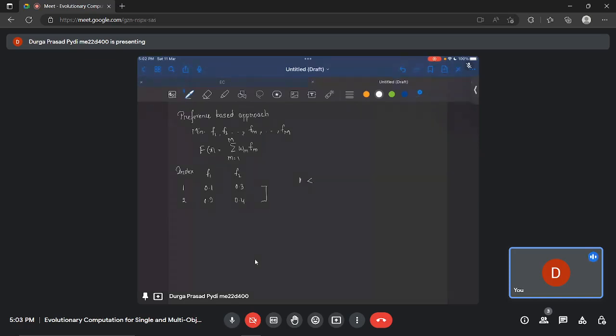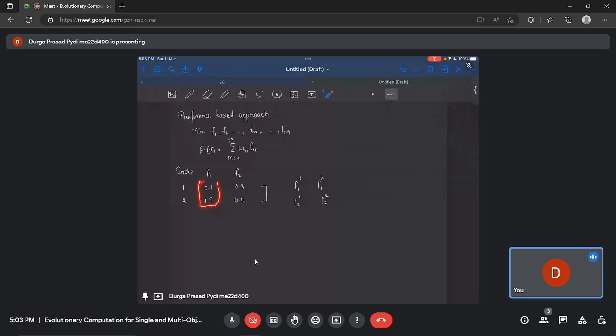Similarly, you compare f2 for solution 1 and f2 for solution 2. In the first case, clearly f1 for solution 1 is less than for solution 2. And even in the second case, f2 for 1 is less than for 2. So clearly, if your problem is a minimization problem, solution 1 dominates solution 2. This is what we discussed previously.